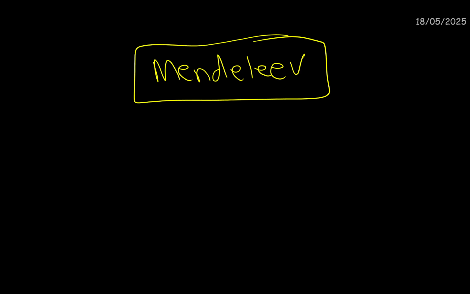Now, we've got a guy called Mendeleev. Can anyone... Oh, Hassan, are you in the meeting? Okay, I don't think so. Anaya, what did Mendeleev do? Oh, Hassan, you are? Okay, sorry. I can't see who's in the meeting here. Hassan, what did Mendeleev do? Did he make the first periodic table?